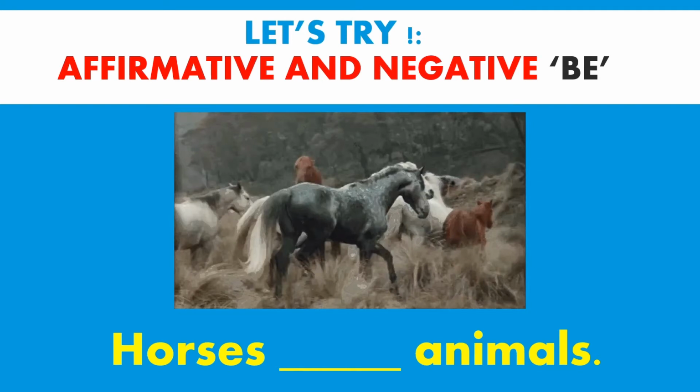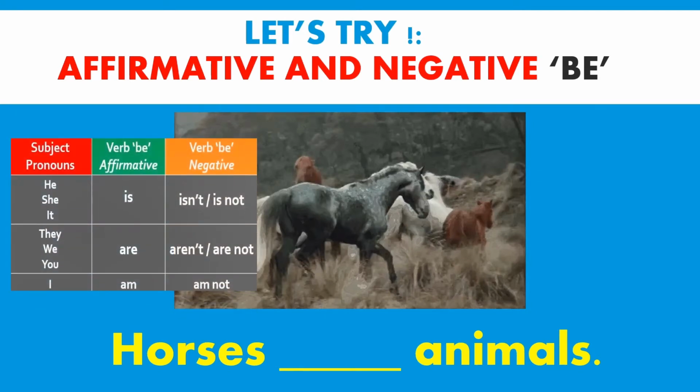Okay, if you look at the table just now, horses, is it human? No. Remember, for non-human, we can only use two types of subject pronoun, which is it or they.